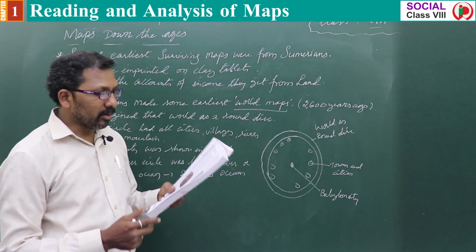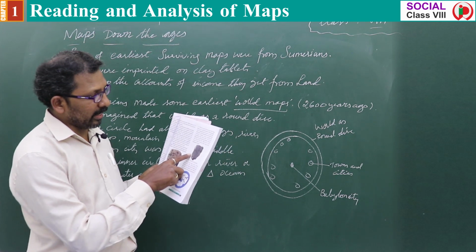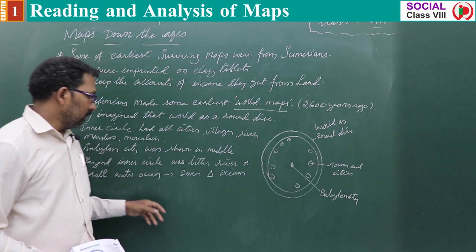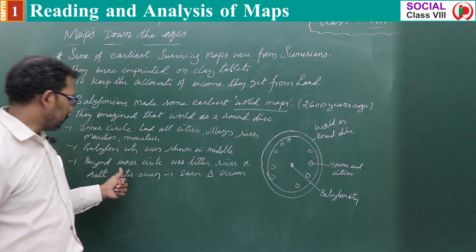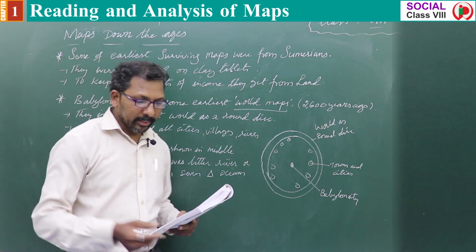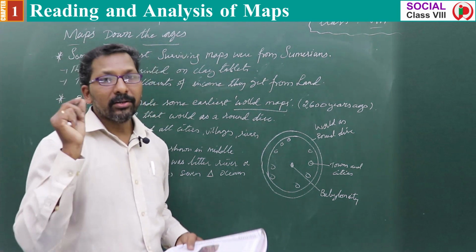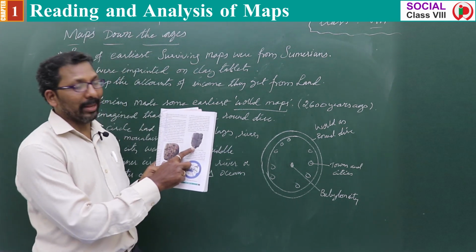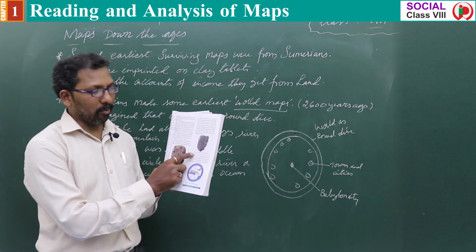You can see in the picture 7 triangle oceans were there. So around the inner circle we see the bitter river or salt water ocean, and in it 7 triangle oceans have been shown in this Babylonian clay tablet.